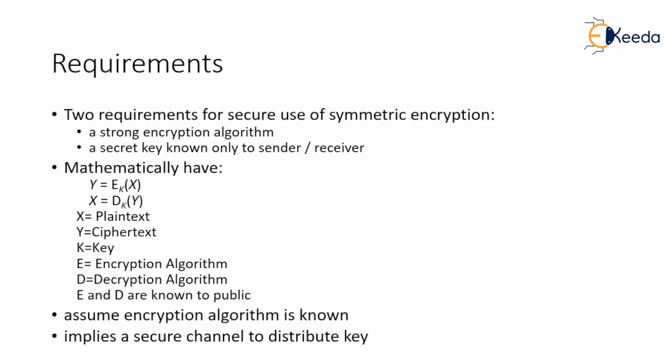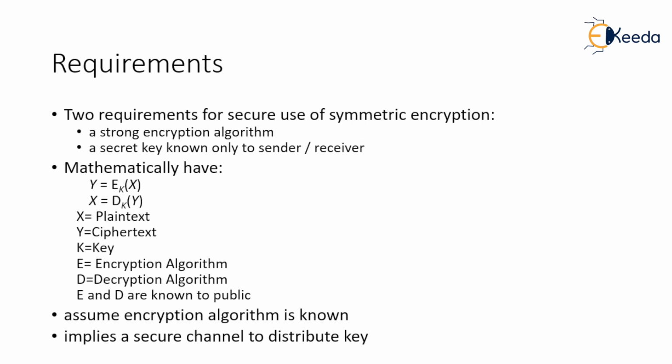E stands for the encryption algorithm, D stands for the decryption algorithm. Obviously, E and D are known to the public. Here we have to assume any encryption algorithm which is known by the sender and the receiver both, which implies a secure channel to distribute the key.